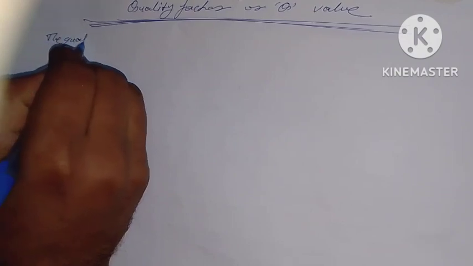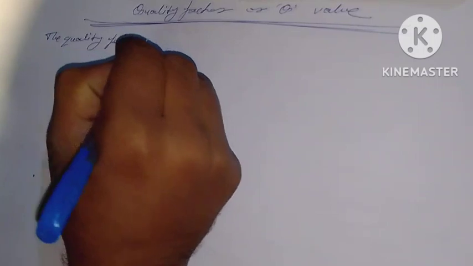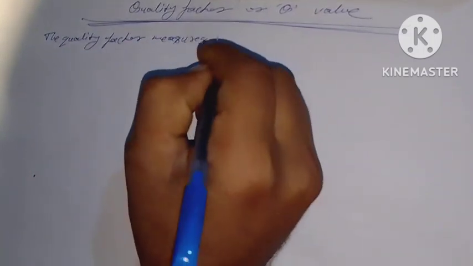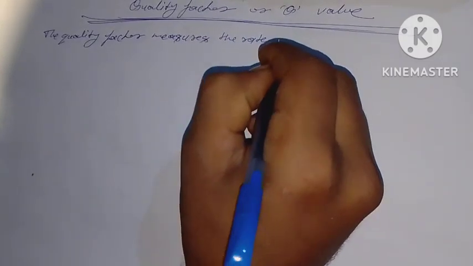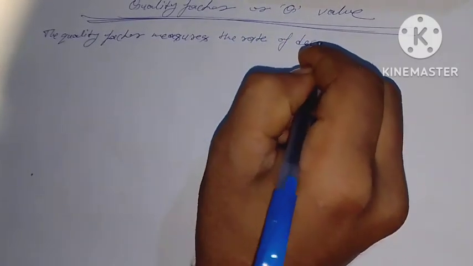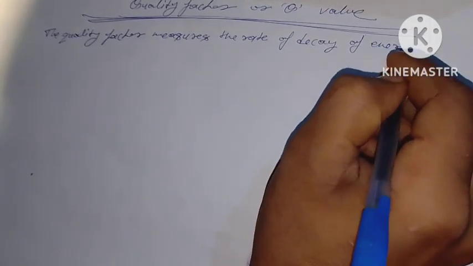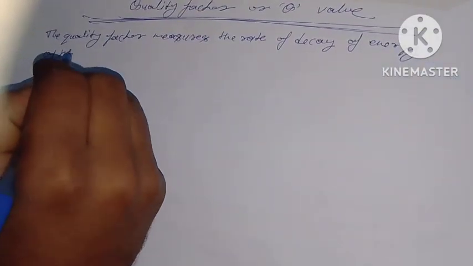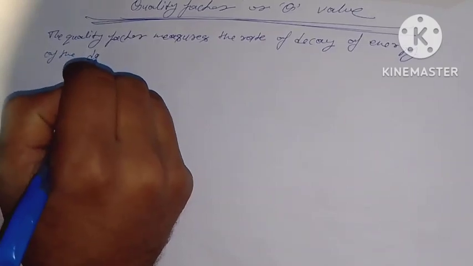The quality factor measures the rate of decay of energy of the damped harmonic oscillator.